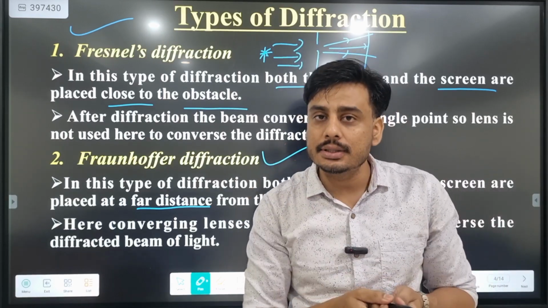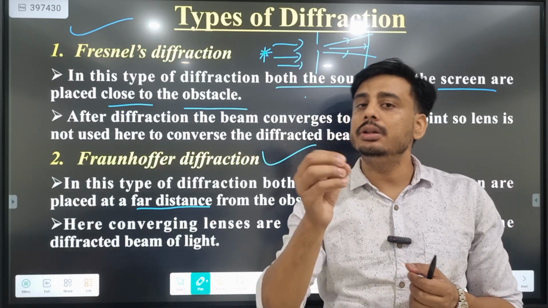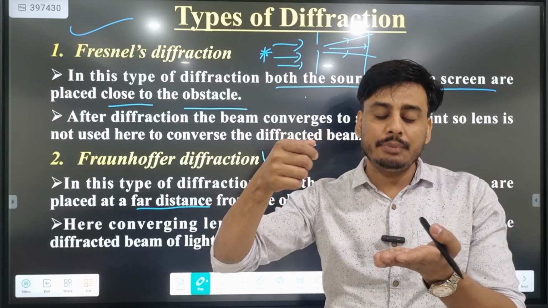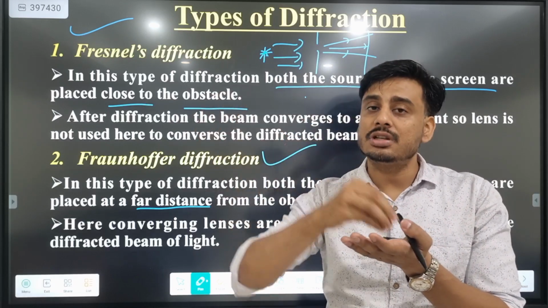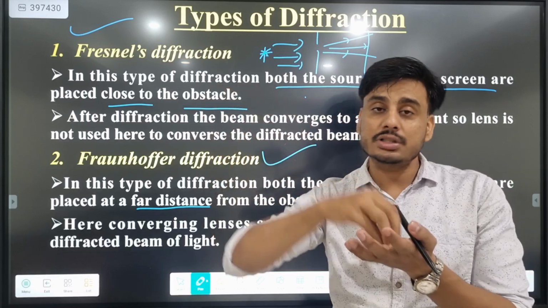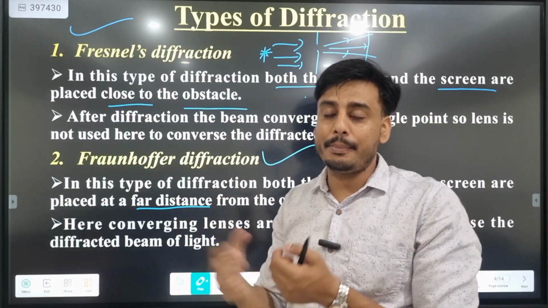For example, sunlight. In order to focus sunlight, we need a magnifying glass. You must have done that experiment in school. If you focus with a magnifying glass and put a paper there, after some time the paper will start burning because of the focus. The intensity of light increases and it starts burning the paper.